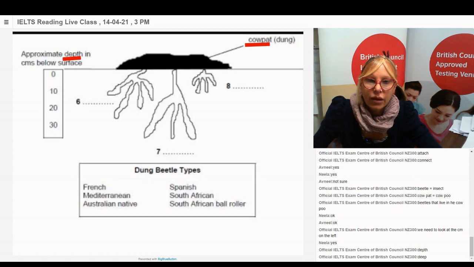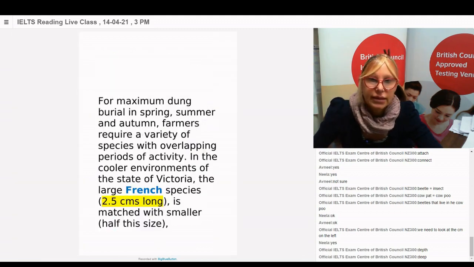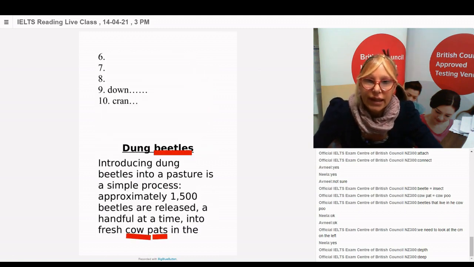So remember, we have got 3 different types of tunnels, and this first part of the text doesn't give us any information about how deep they go down.